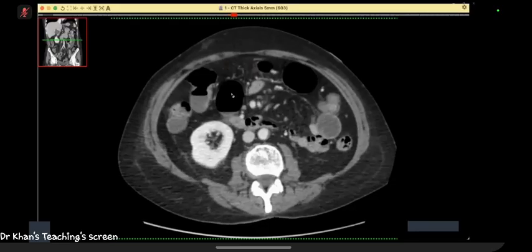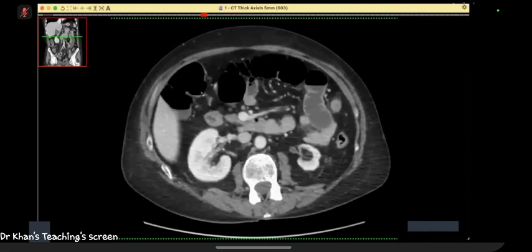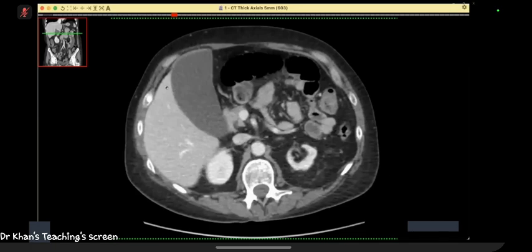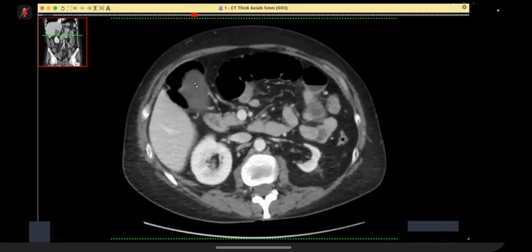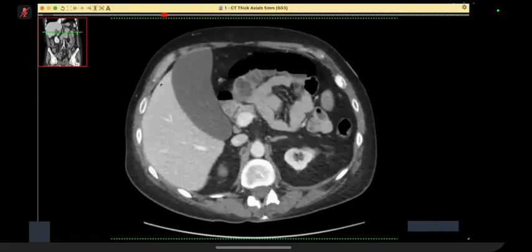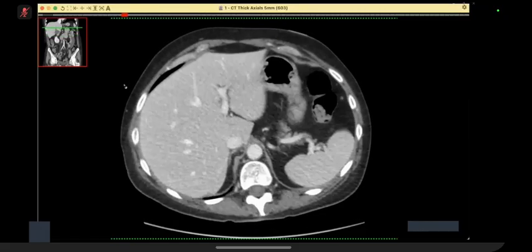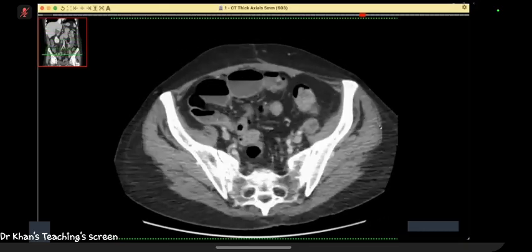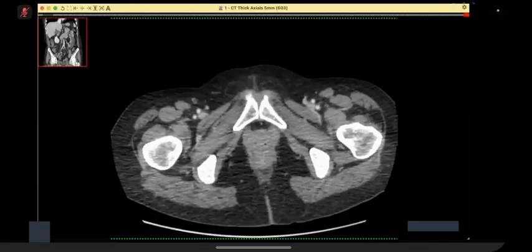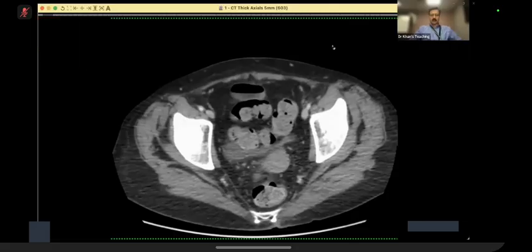From the first instance, I couldn't see the transition zone, so I will trace the bowel loops to find it. I'll start first from the rectum till the ileocecal junction, then I will come up. Look at the small bowel, please.